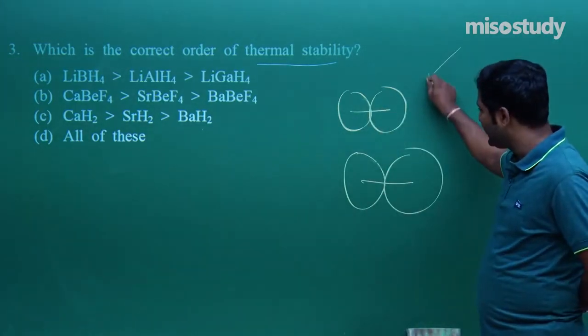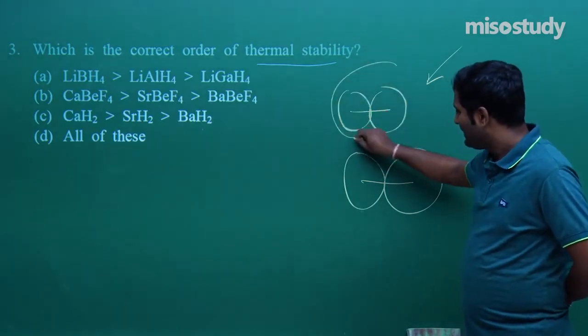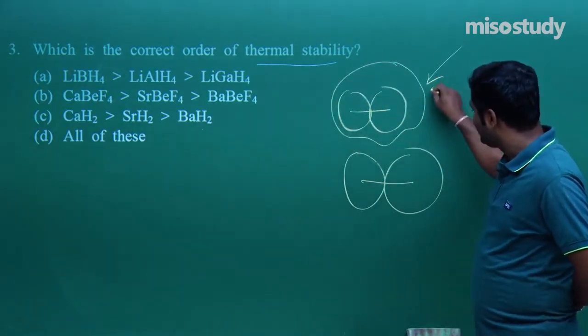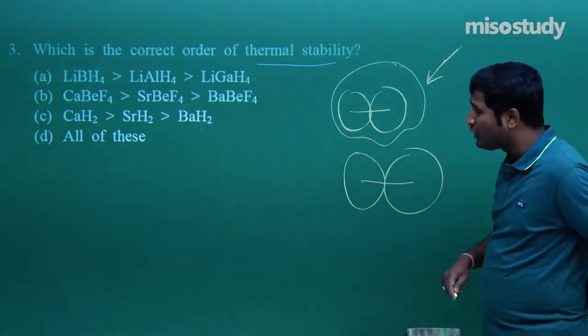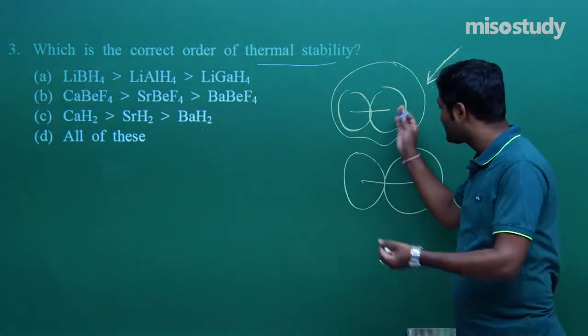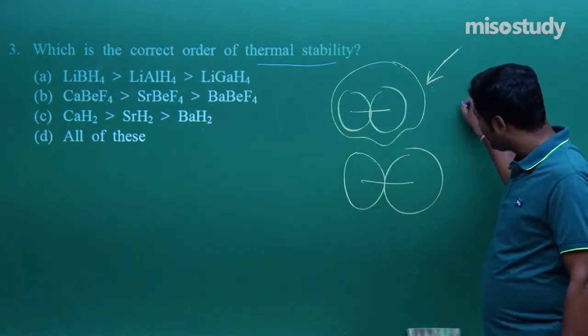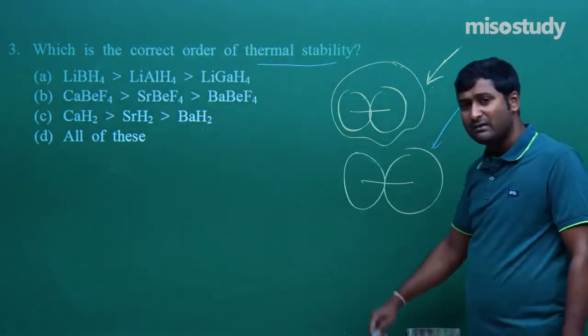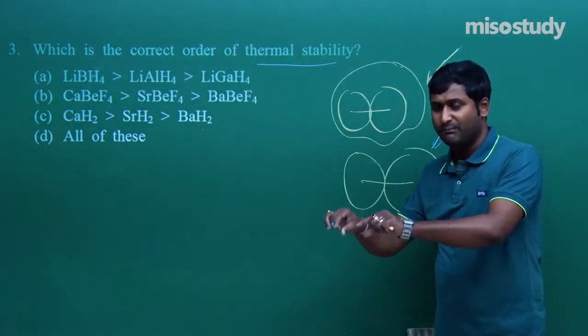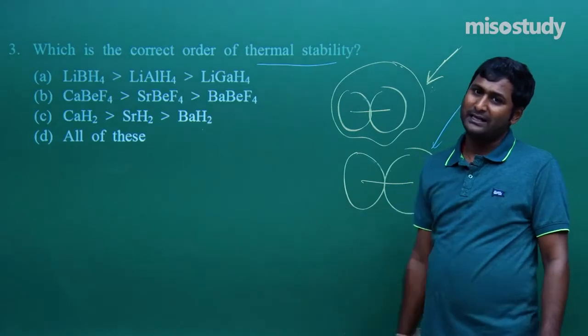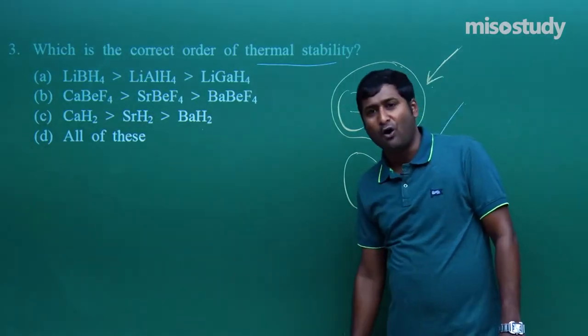If we push it, it will take a lot of energy to break because the size is less. But if I talk about this, there is less requirement of energy to break. If size increases, bond length increases. If bond length increases, then you can easily break the bond.